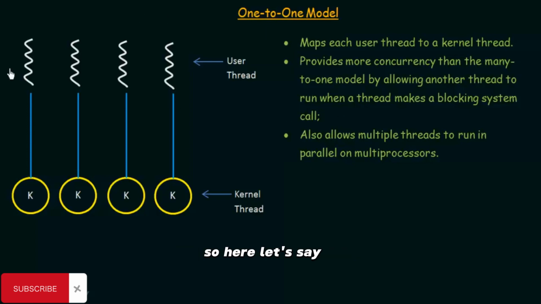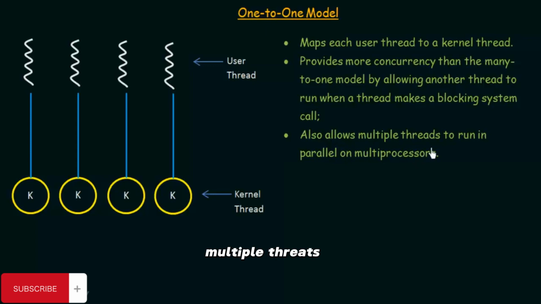Let's say, for example, that these four threads belong to one process, and one of the user threads makes a blocking system call. Only the kernel thread associated with this user thread will be affected, and only this part will be blocked. The other part of the process, that means these three threads with their three kernel threads, can still run, even though this one made a blocking system call.